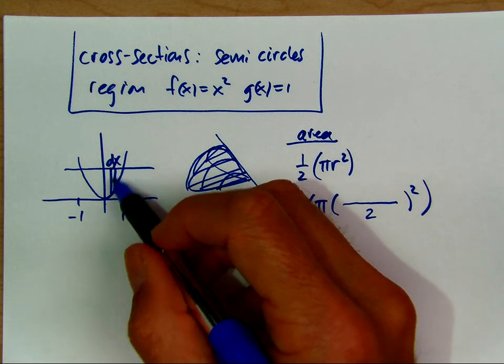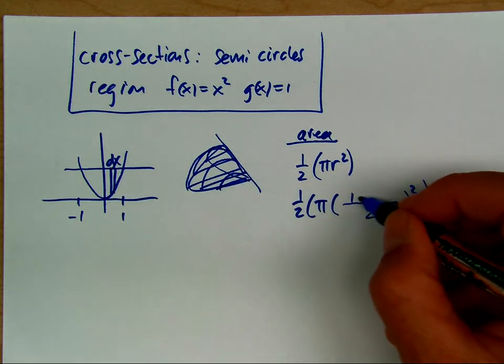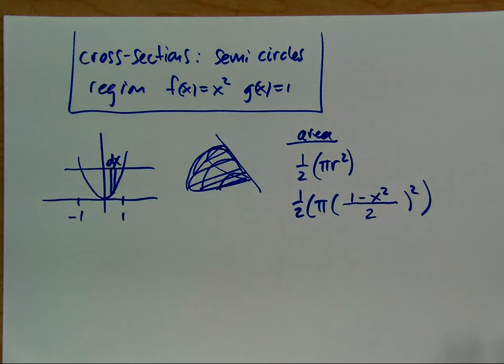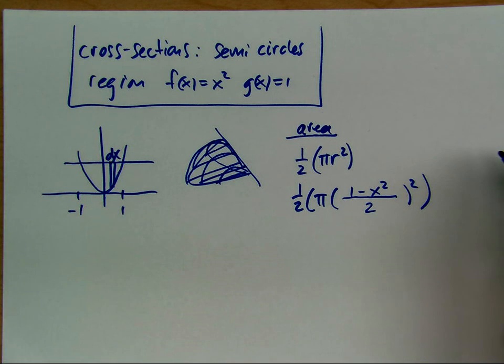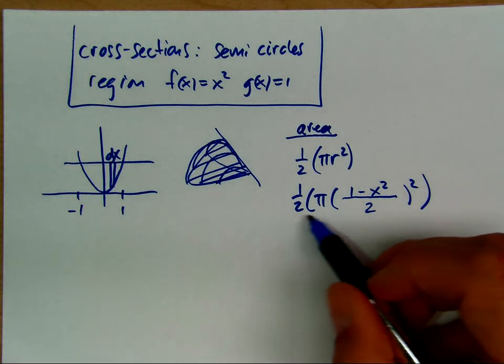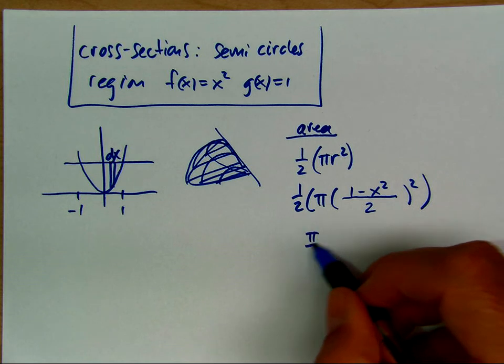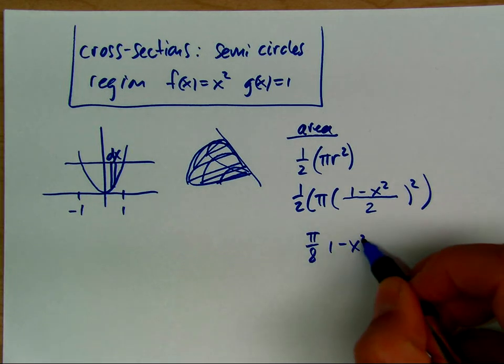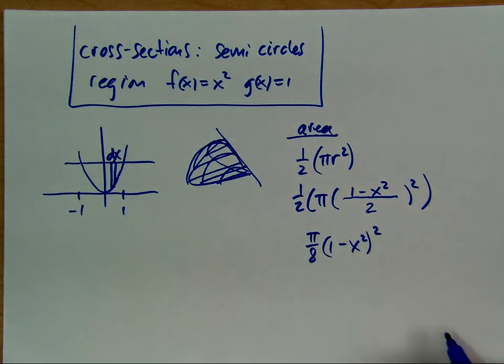That's 1 minus x squared. So then if we square that, that takes us to pi over 8, 1 minus x squared, squared. Area of a cross section.